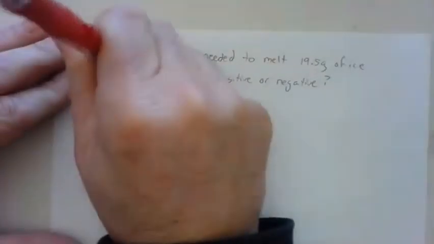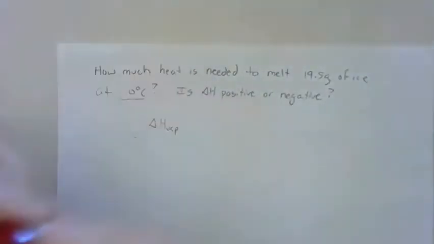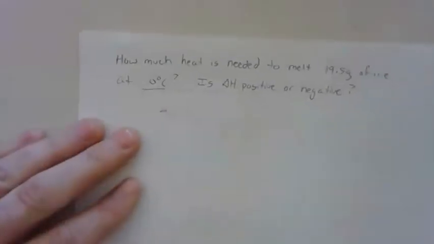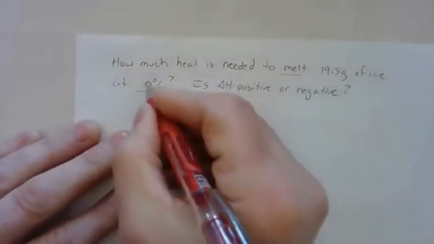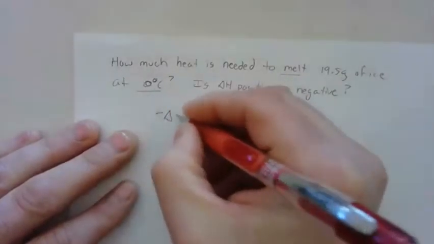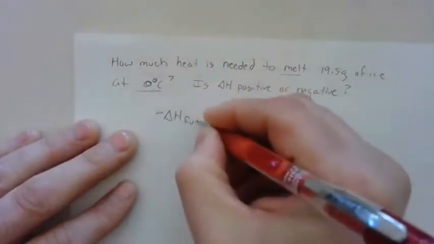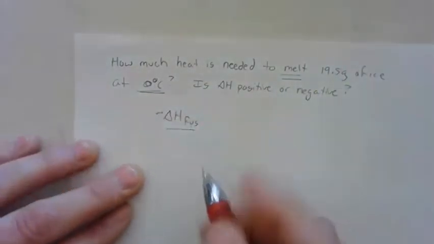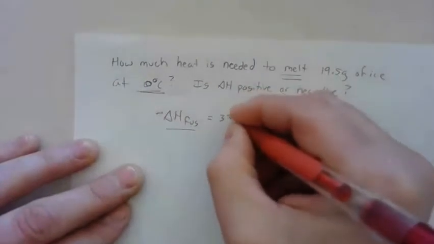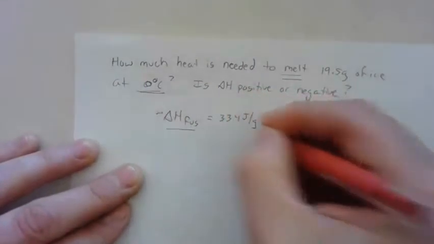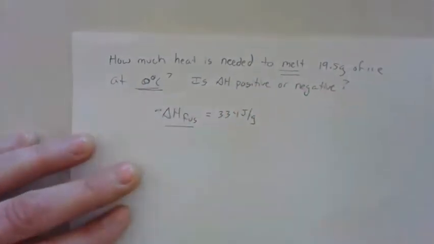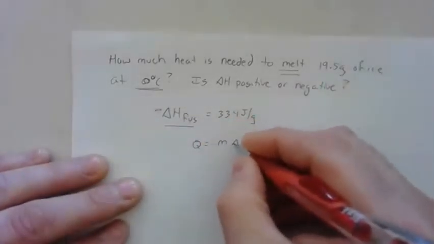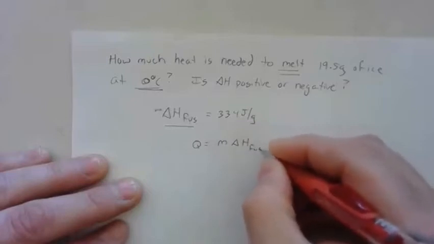It's supposed to be at 0 degrees. Sorry. The reason I know it's supposed to be at 0 degrees is because it's melting. So that's 0 degrees Celsius, which means it's going to be delta H fus, which once again is 334 joules per gram. Sorry about that. So we simply take the formula Q equals m delta H fus.